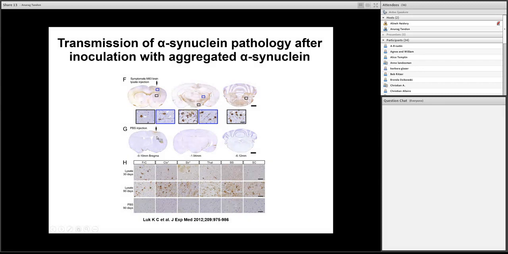If you inject these brains with just what's called saline, without any fibrils, you see that there's no propagation of aggregation, which suggests that it's not just the injection itself which is causing it, but in fact it is the addition of the fibrils to it. So this validated the idea that synuclein fibrils might be able to induce pathology when injected into the brain.